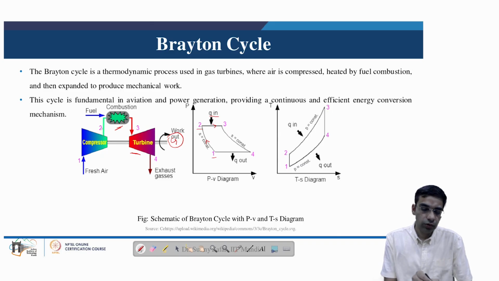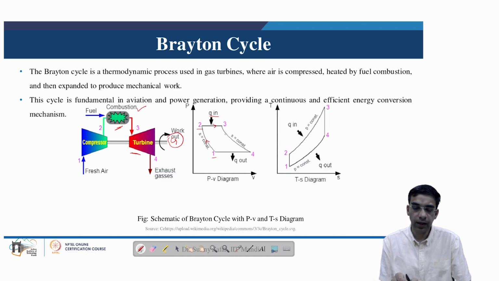This 2 to 3 takes place in the combustion chamber, where combustion of natural gas or maybe other fuel like kerosene etc. can take place. Here all the hot gases which are produced are brought onto the turbine, and the hot gases expand. From 3 to 4 there is isentropic expansion, and then 4 to 1 is basically the heat release to the environment, shown by Q out.